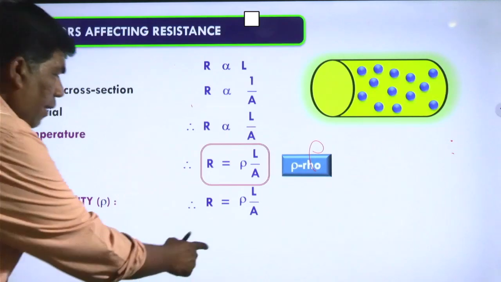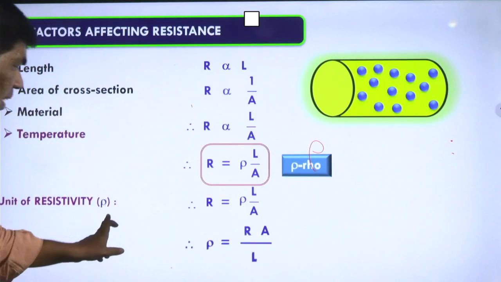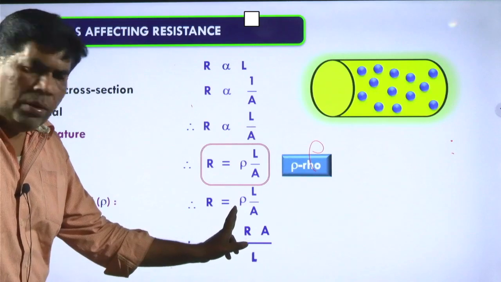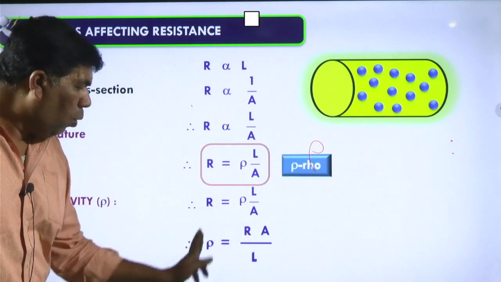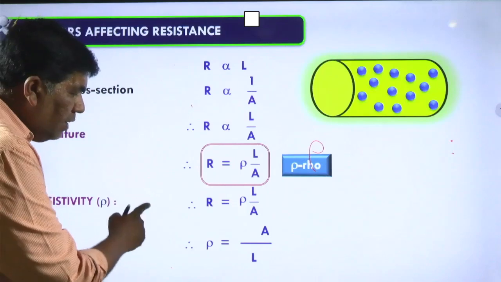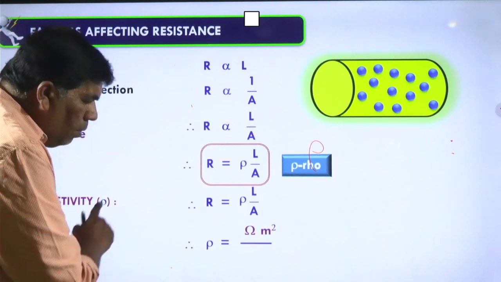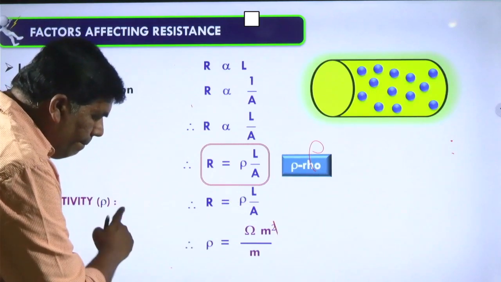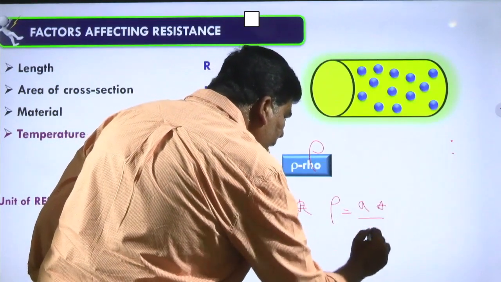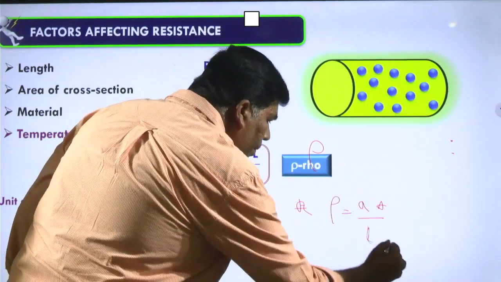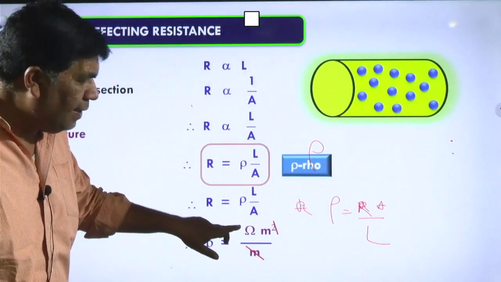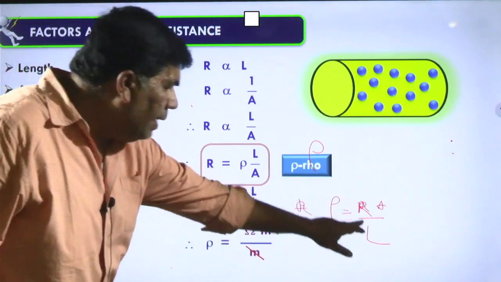Here, children, if you want to check the units of resistivity, rho, with the help of this formula, if we keep it alone and bring all the remaining terms to this side, then rho equal to R A by L. The unit of resistance is ohm, the unit of area is meter square, and the unit of length is meter.